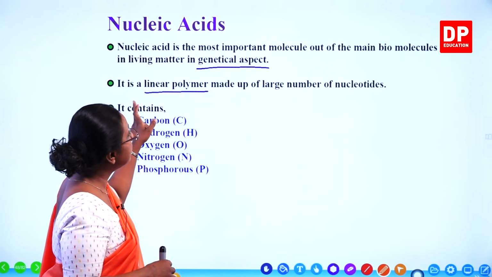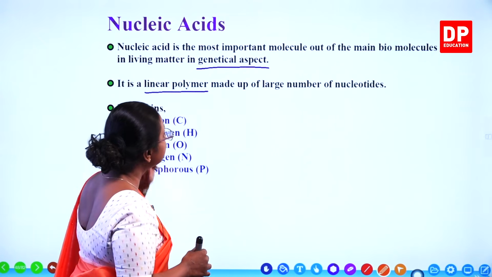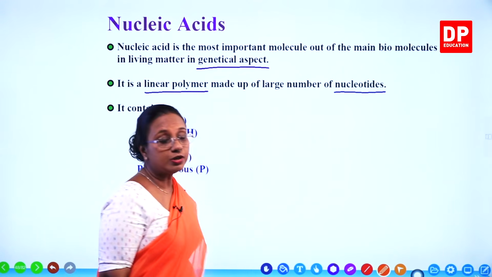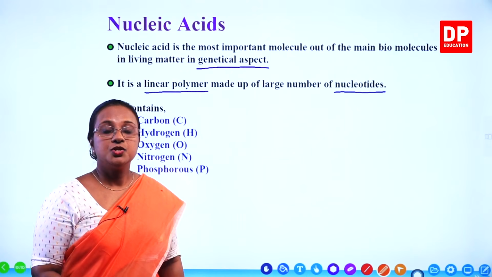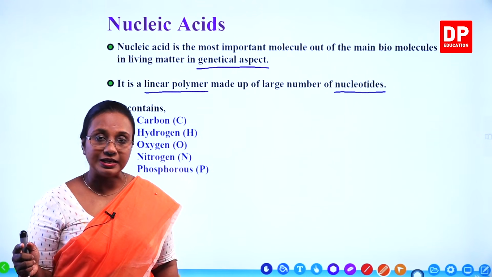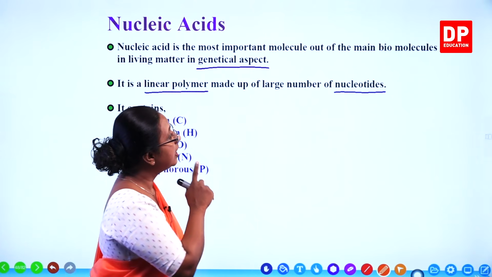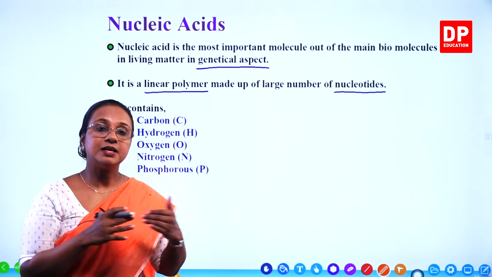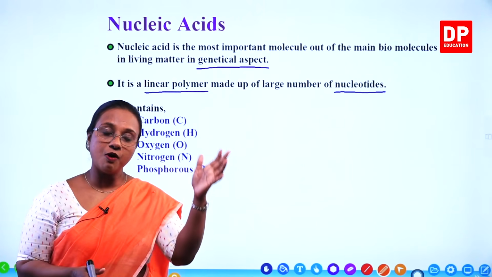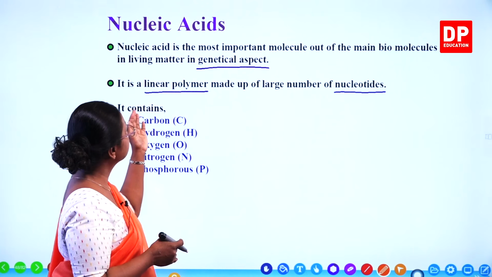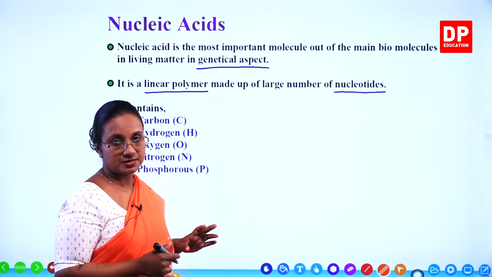It is a linear polymer, and this is made up of a large number of nucleotides. So, the basic structural component of nucleic acids are called nucleotides. Many nucleotides combine together and form a linear strand. So, therefore, these are linear polymers.